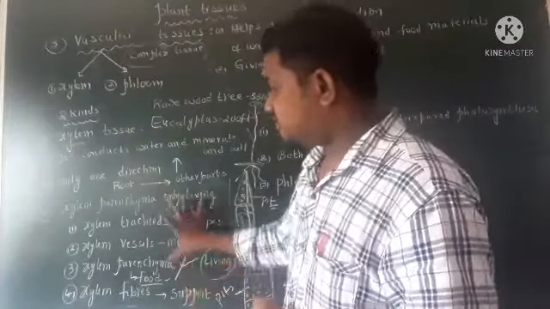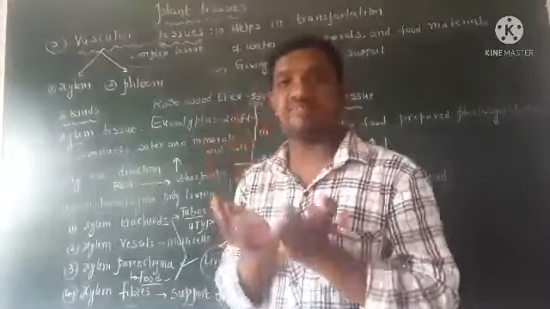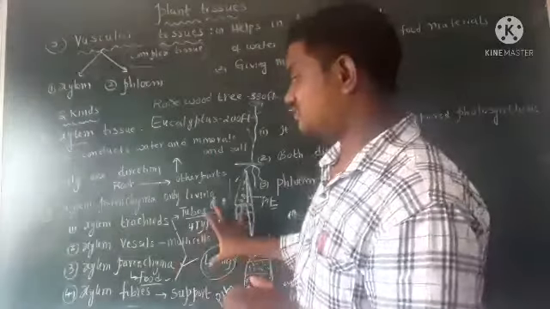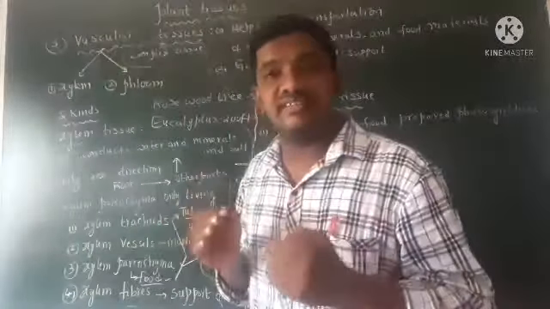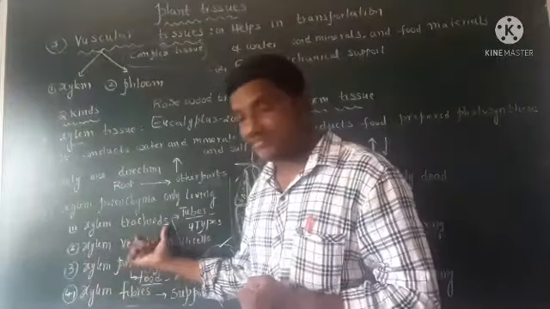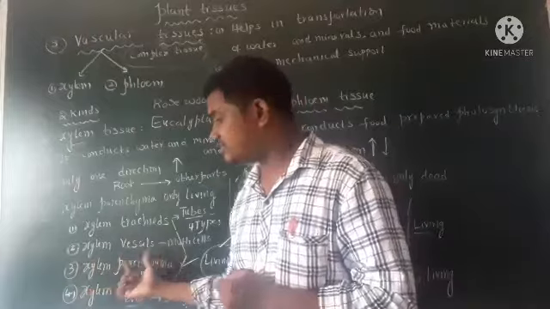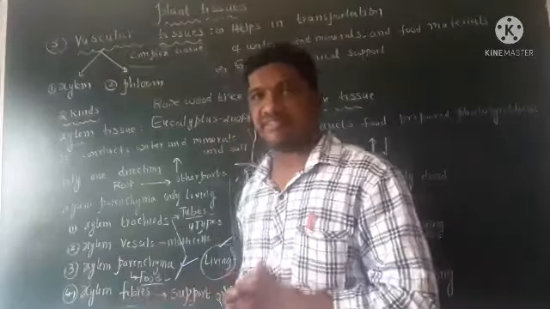See, xylem tissue contains four kinds of cells: xylem tracheids, xylem vessels, xylem parenchyma, xylem fibers.